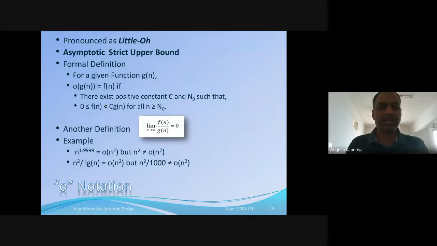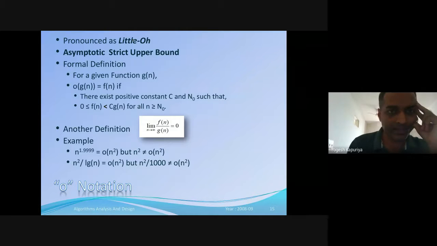Now the next two are actually somewhat similar to the previous ones. The fourth notation is little o. Now, what do we mean by it and why is it little o? The basic difference is the operation over here: the comparison doesn't contain equal to.